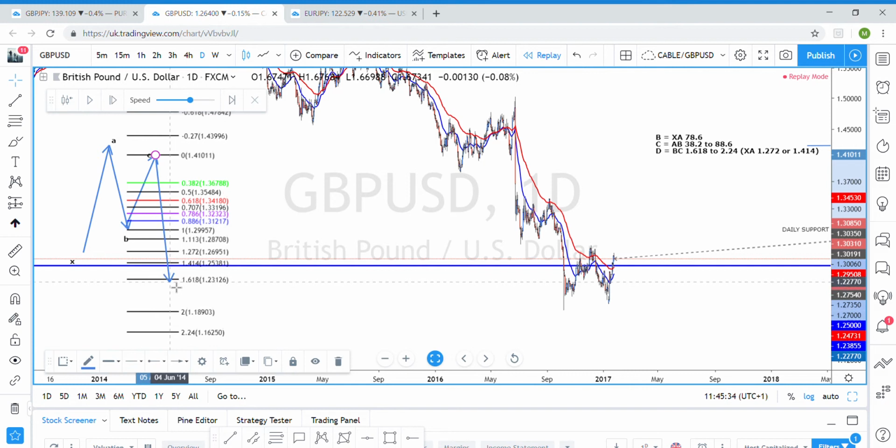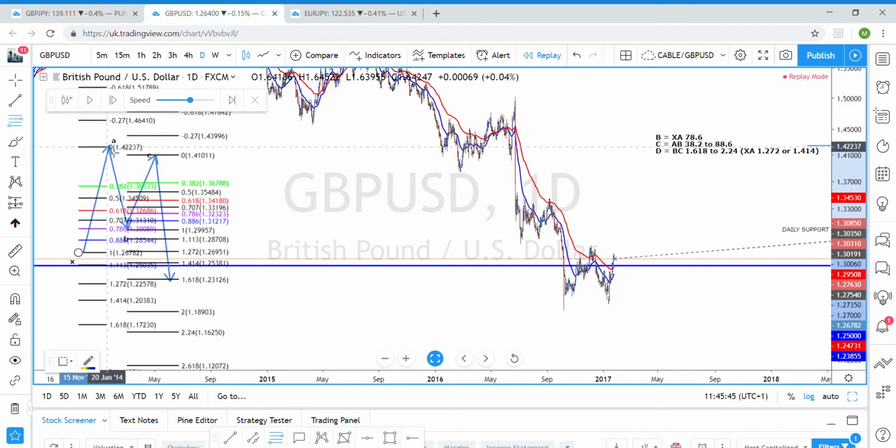So let's just say this one hits the 1.618, and to confirm it, you have to fib XA, and it should hit 1.272 or 1.414. So if you fib again from X to A, you can see 1.272 is almost in line with 1.618, so it's a valid projection.